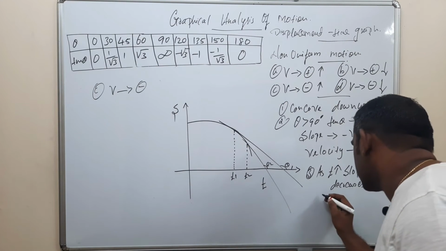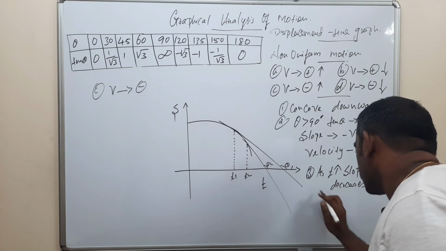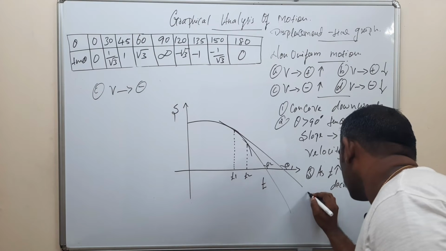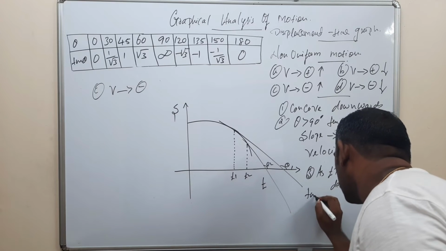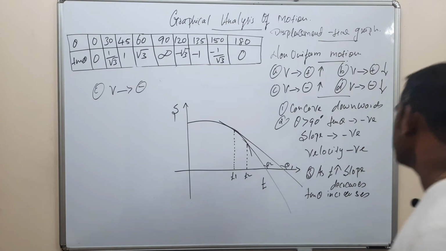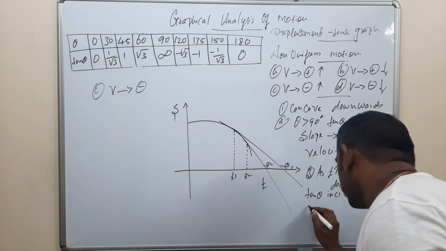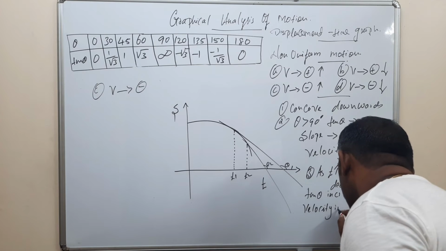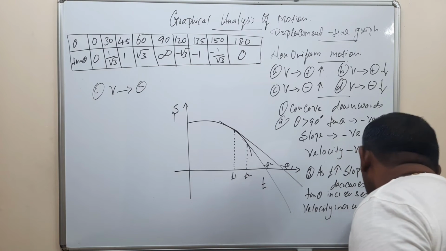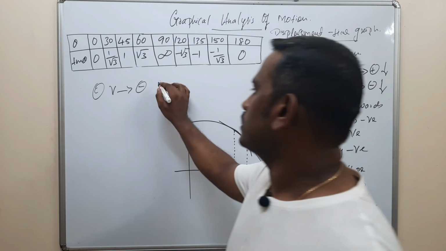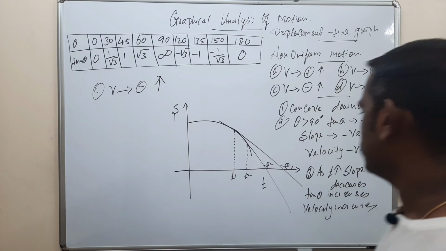So slope decreases, therefore tan theta increases. Therefore velocity increases. So that is negative increasing.